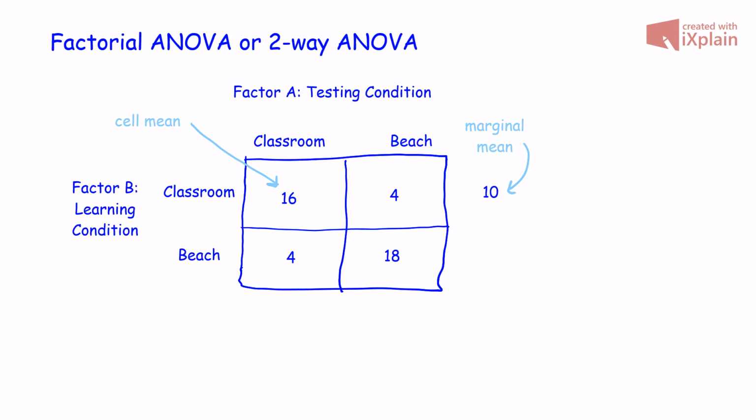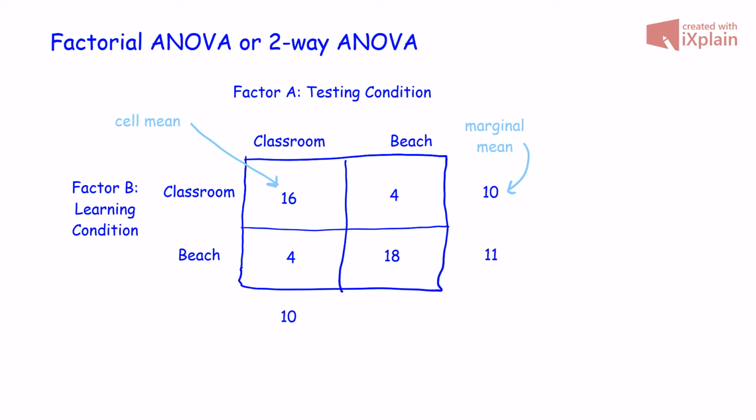So this means that on average, the number of things people recalled during testing, their score, their DV, was 10. I should have mentioned that the dependent variable, these numbers, represents the average number of things that people recalled, their score on the test. How many things did they remember?